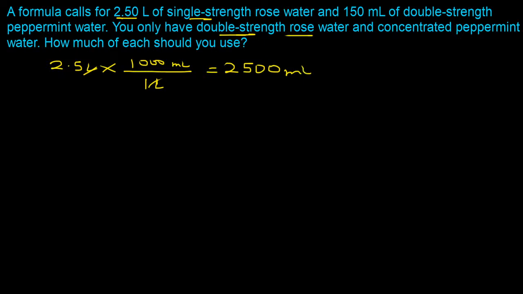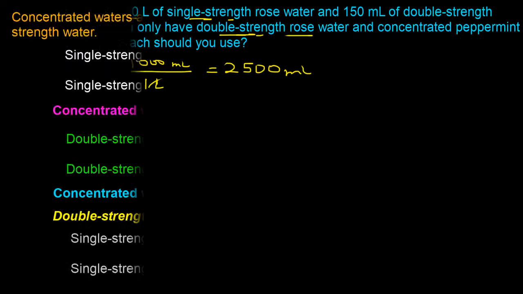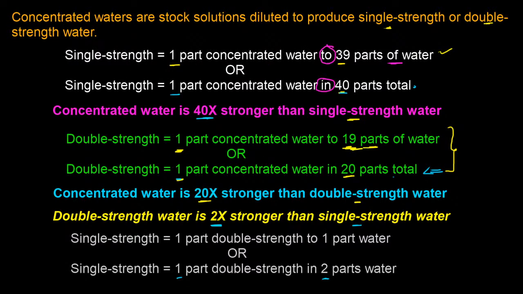All right, but here's the kicker. The question is, what's the relationship between double strength and single strength? That's what we need to recall. And so once again, I'll refer you to this important slide, and the information we are using this time is what's in the bottom here.